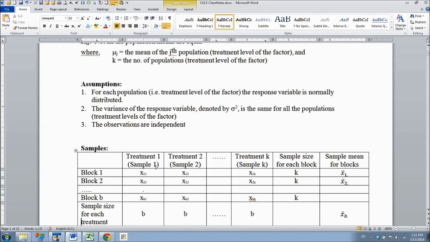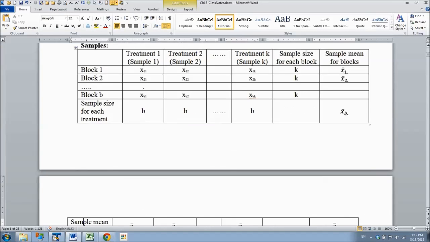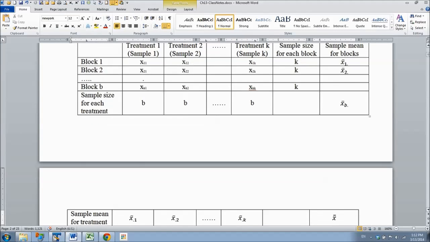So now we find the mean of the block to be x bar sub 1 dot, that is for the first row, and then the column is dot. The dot refers to the fact that we have averaged out the entire k columns for that row. So x bar sub 2 dot is the sample mean of the second row, and x bar sub b dot is for the bth row.